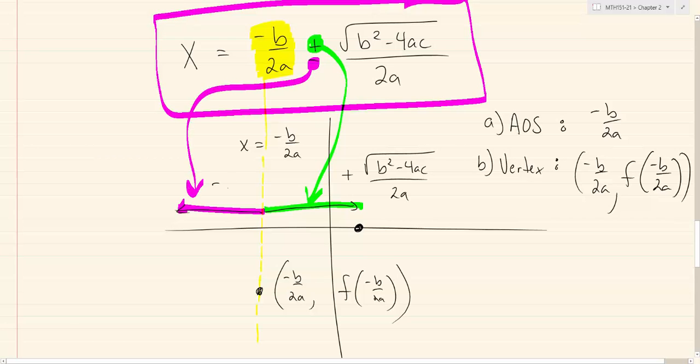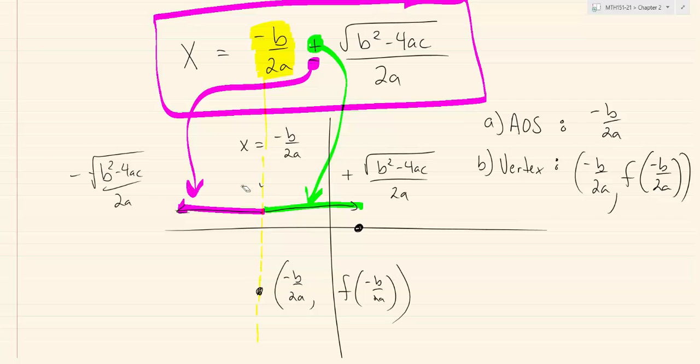This will be the minus square root of b squared minus 4ac all over 2a. So embedded within the quadratic formula are your line of symmetry, the opposite of b over 2a, and the distance from the line of symmetry that your two x-intercepts land on the graph. So there's one x-intercept here, and there's another one here. We'll call this x sub l, the left hand, and x sub r, the right hand x-intercepts.